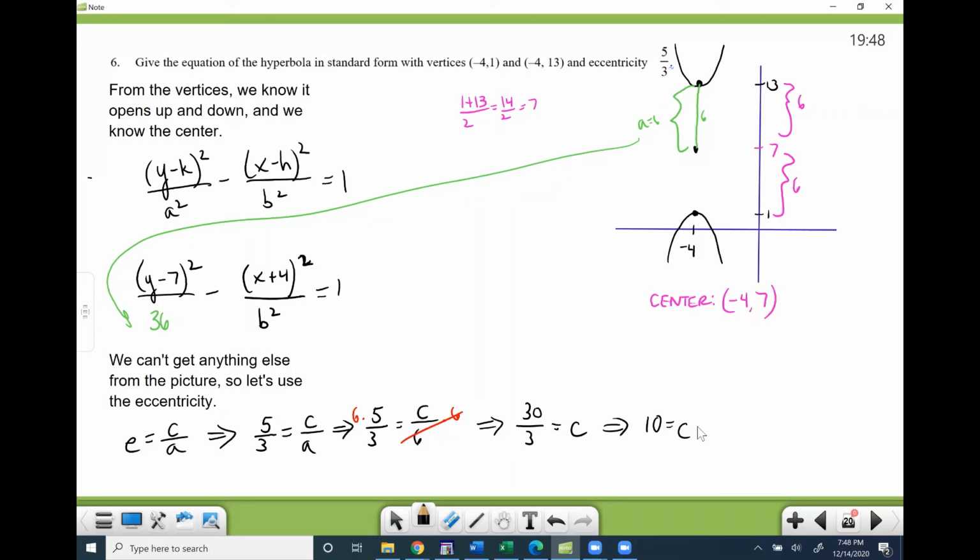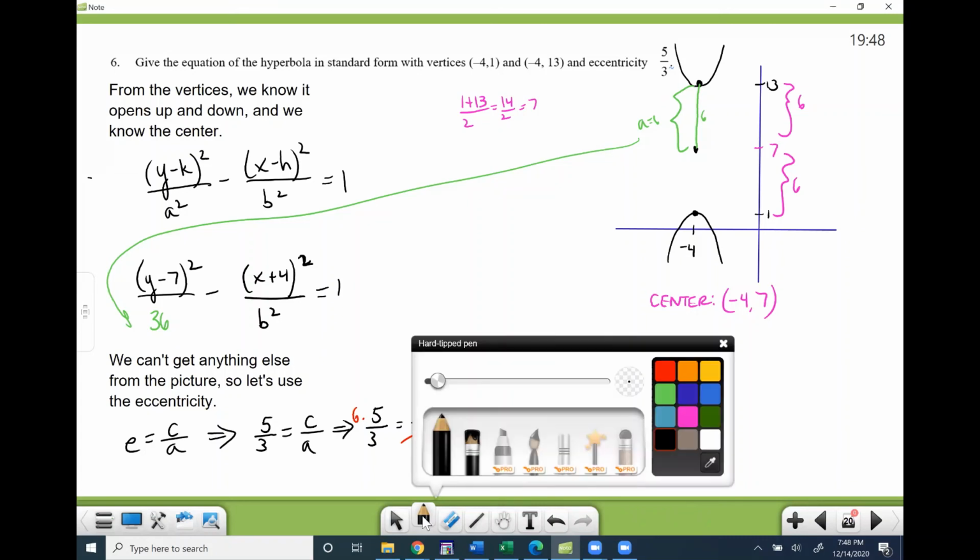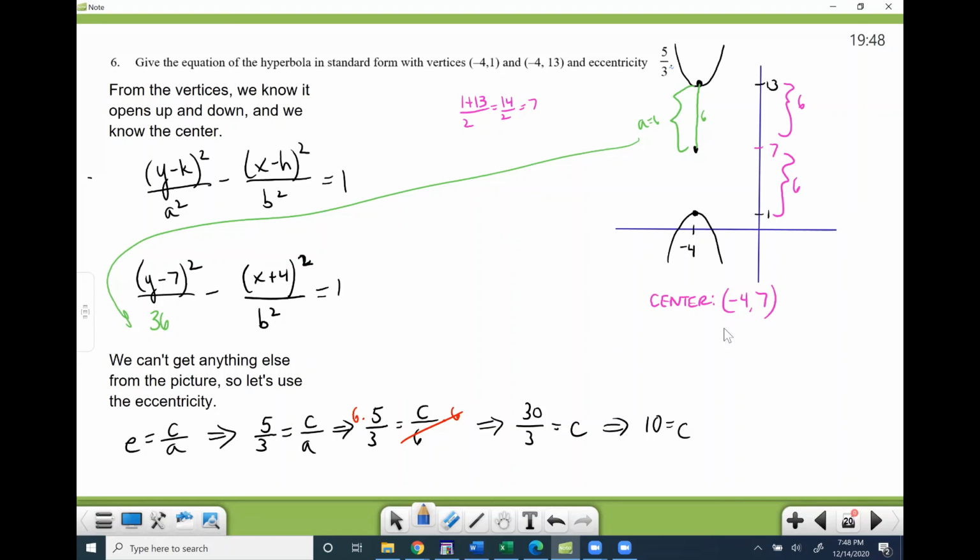Well, what am I going to do with that, you guys? I was hoping to find B, right? You can reverse the Pythagorean, correct? Perfect. So we're going to bust out that Pythagorean again, right? So it is A squared plus B squared equals C squared. Put 36 in for the A squared.